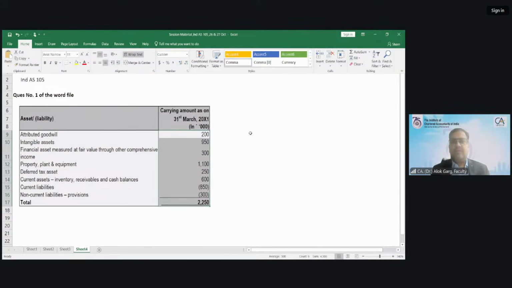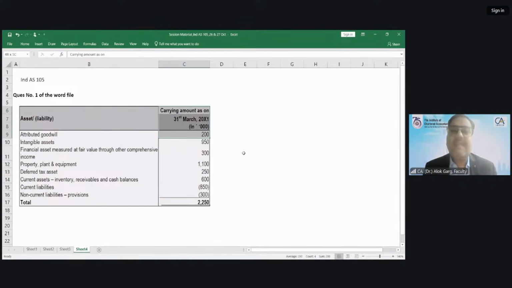Yes, sir. These are the carrying amounts. So now what is my step one? My step one is to compute the carrying value on the date of classification as held for sale. You remember step number one, right? We need to compute the carrying value, and the carrying value is given in this question. The disposal group is stated at the following amount immediately prior to reclassification as held for sale.